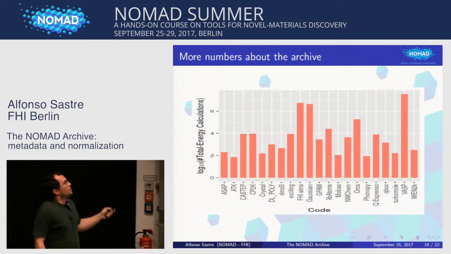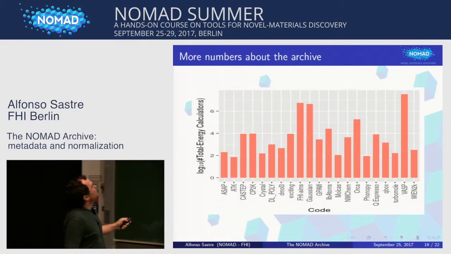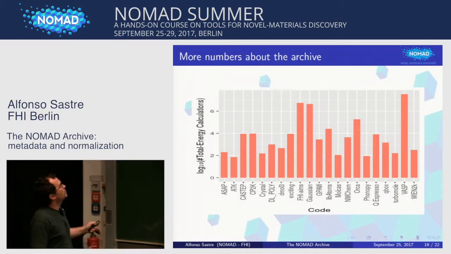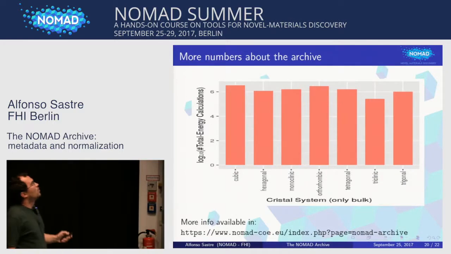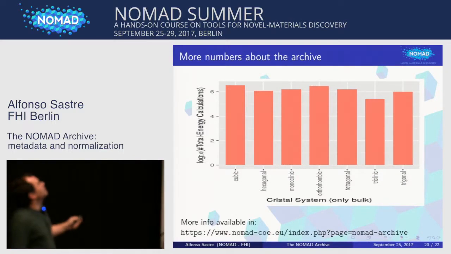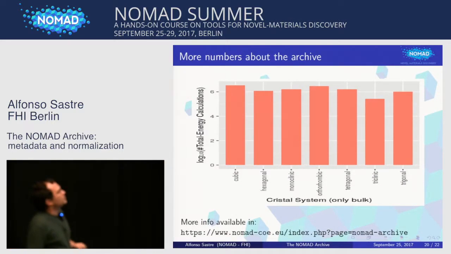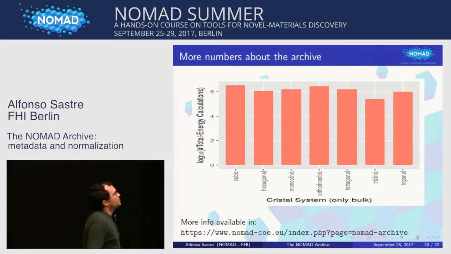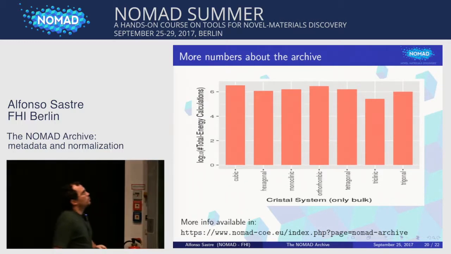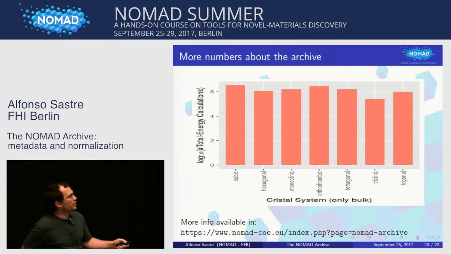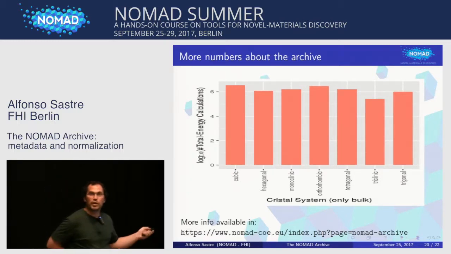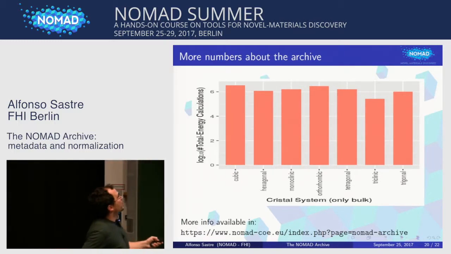Okay, so here you have the same distributed in terms of codes. Or, for example, you can query the calculations in terms of the crystal system. And these kinds of plots or information you can also query in this web page, where you can play a bit with the graphs.